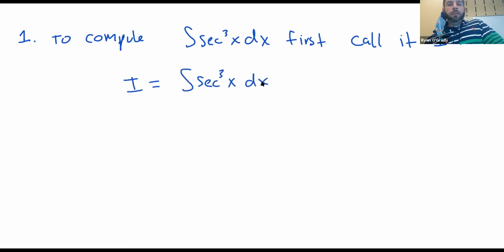The way we're going to determine this integral is we're going to use some creative reasoning. We're going to come up with an equation where this integral shows up in multiple places, and we're going to figure out that it's the unknown of an equation. So we're going to be able to deduce it that way.